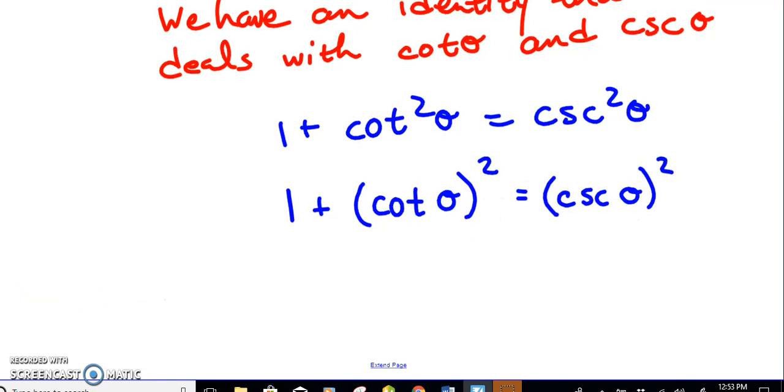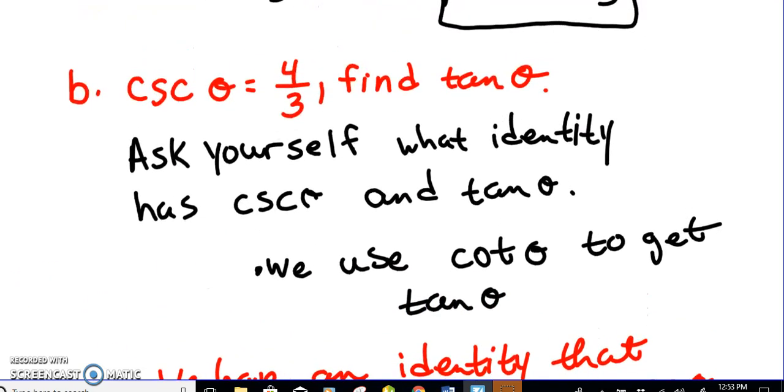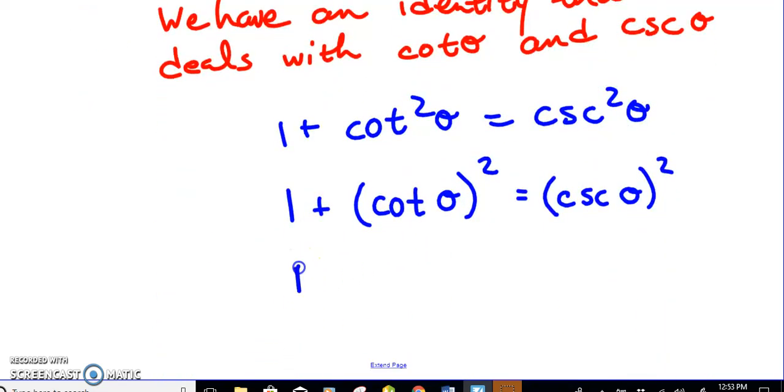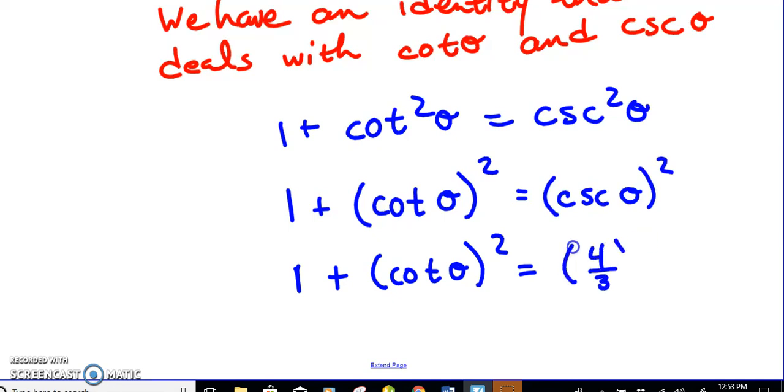So for example, in our problem, it says that cosecant theta equals 4/3. And we said that this is 4/3 for cosecant, not cosecant squared, but cosecant.